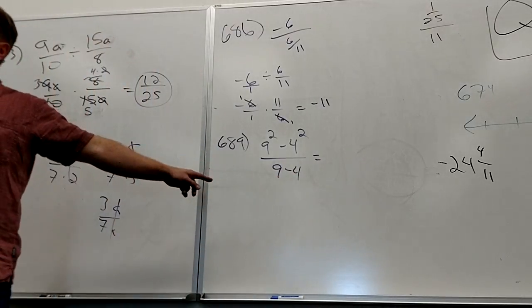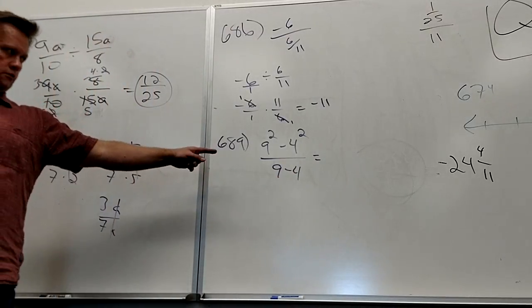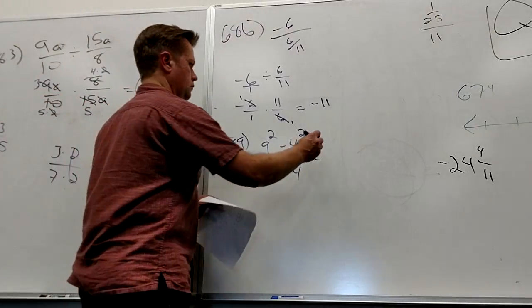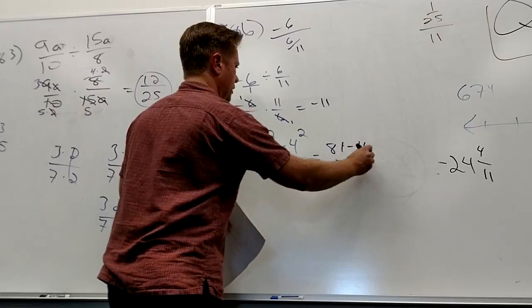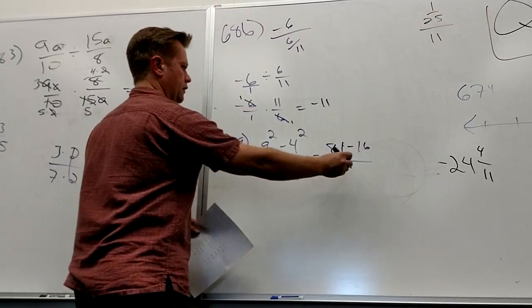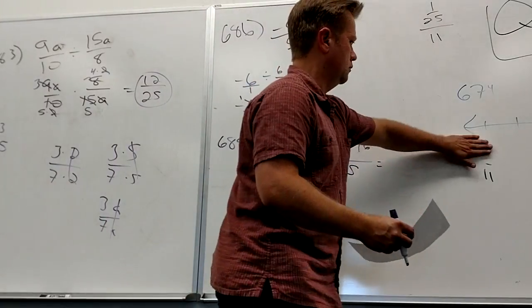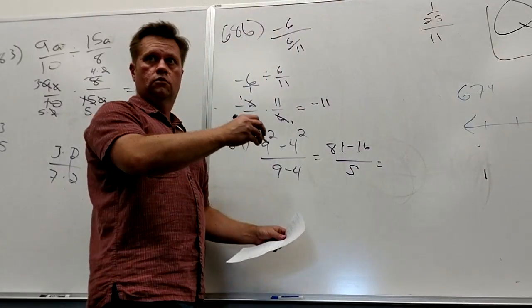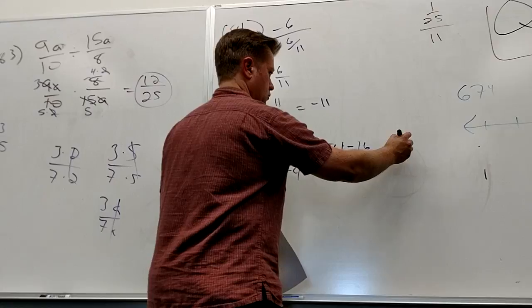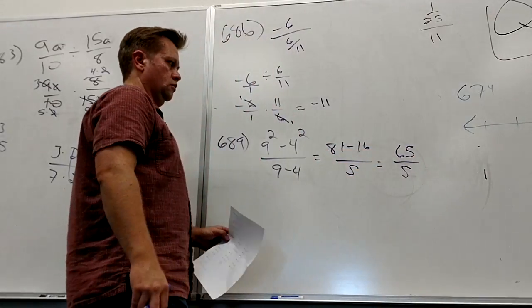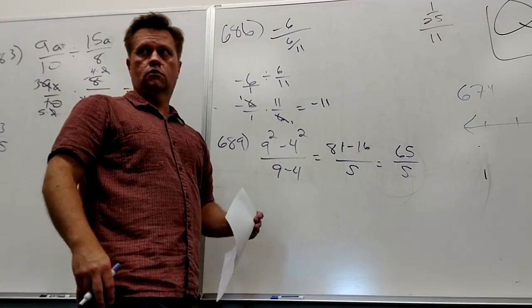We've seen problems like this before, actually. What do I do first? Do the exponents. Yeah, 81 minus 16, and on the bottom I get 5. Just reduce.